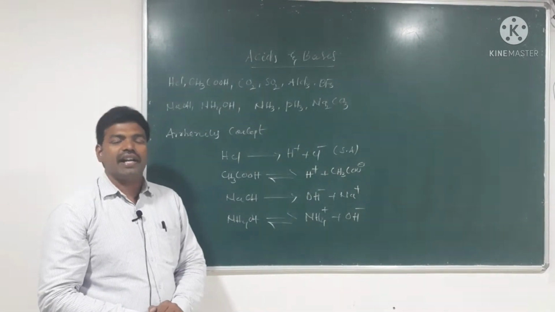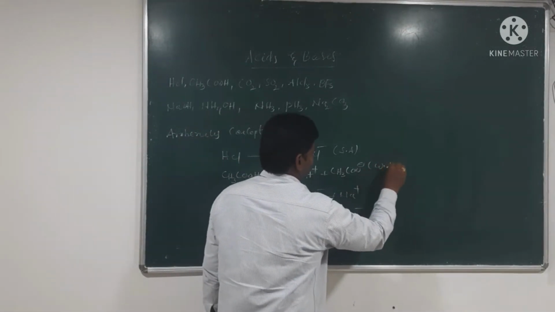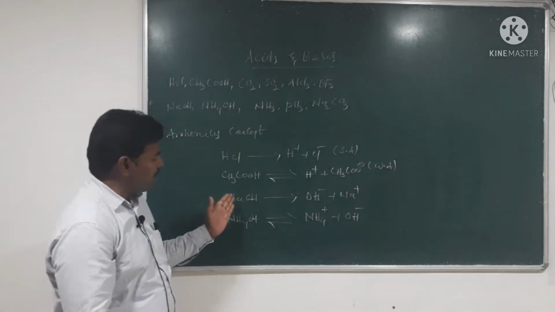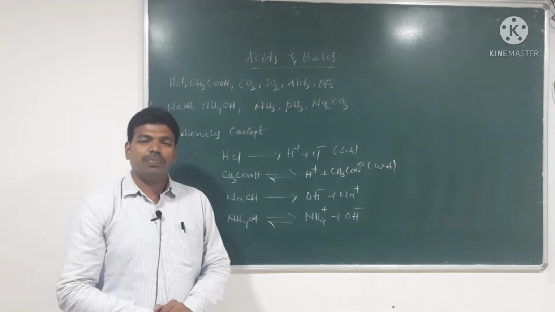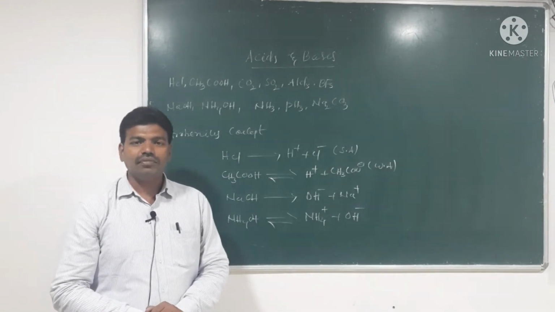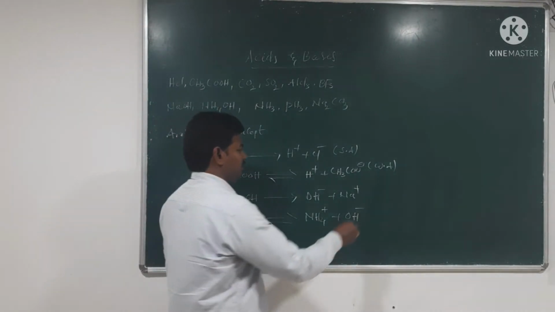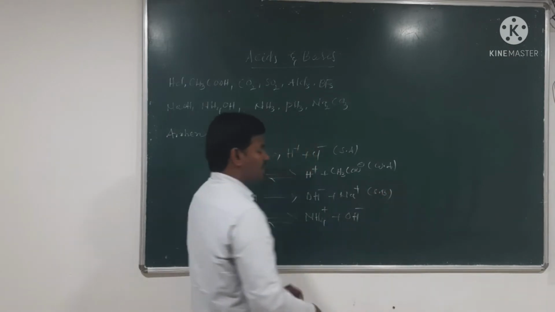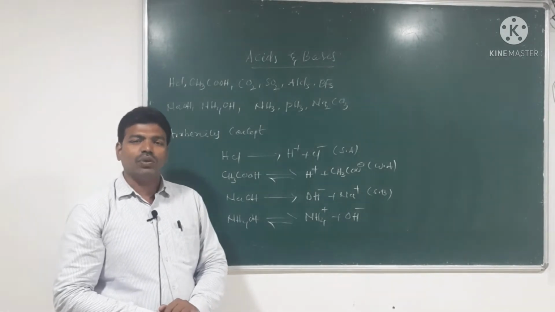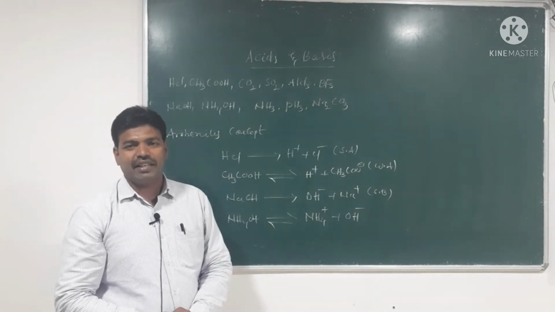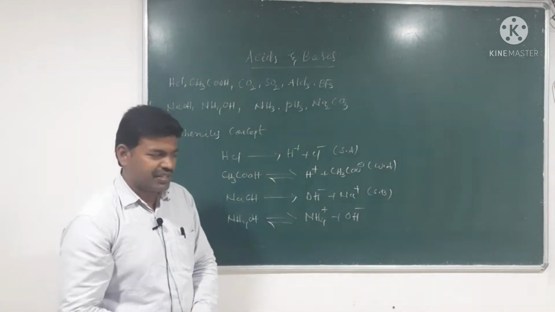Therefore, Arrhenius regarded acetic acid as a weak acid. Coming to the bases, sodium hydroxide has a greater tendency to furnish OH minus ions, so it is regarded as a strong base. And NH4OH, ammonium hydroxide, has a lesser tendency to furnish OH minus ions. Therefore, Arrhenius regarded NH4OH as a weak base.